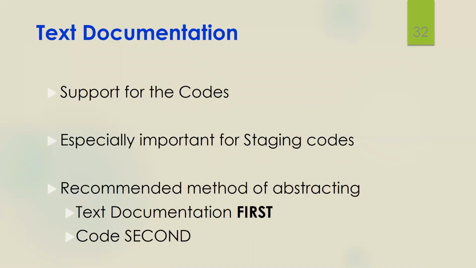The recommended method of abstracting is to text all of your information first and then go back and try to code from the text that you have provided. If there's something that you're trying to code and you can't get it from your text, then you might need to go back and add some more text to clarify that.